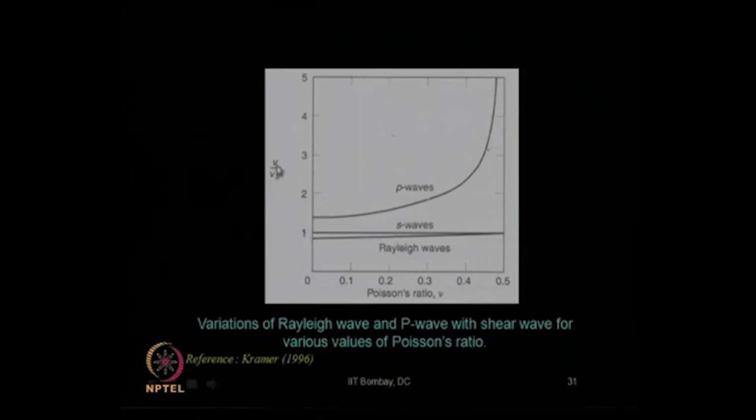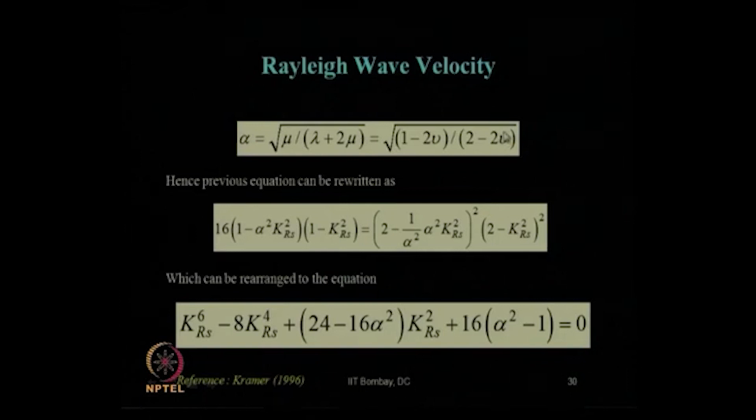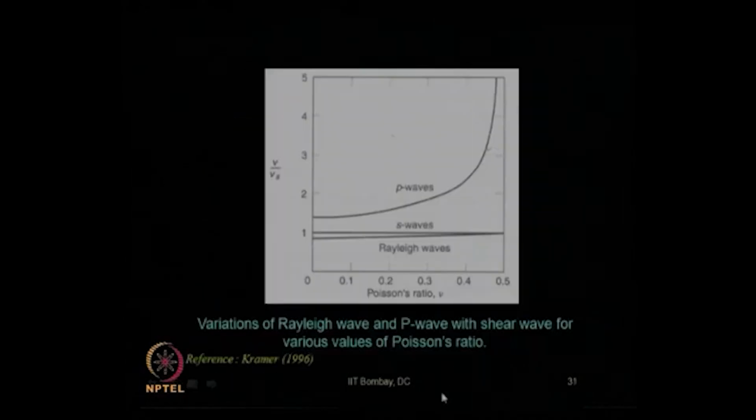Now, if we talk about P wave velocity, how can we find this relationship? That V p by V s relationship we know, this is nothing but alpha, that is root over (1 minus 2 nu) by (2 minus 2 nu). So, putting the corresponding values of nu, you can get this curve. You will see that if we put nu equals 0.5 in this equation, it will not give us a correct value, it will give an infinite value.